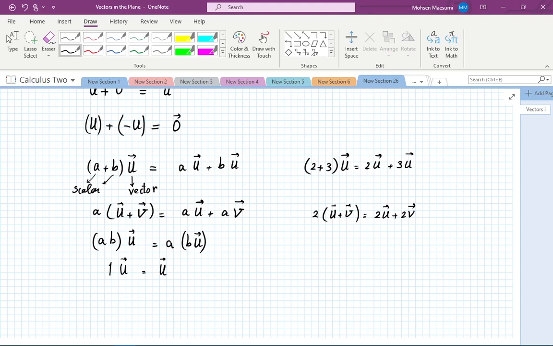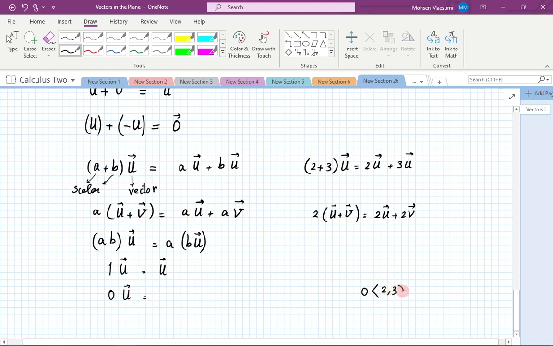Then there is another property that is, on one hand trivial, on the other hand rather hard to swallow: if I take the scalar 0 and multiply by a vector u, what do you think I'm going to get? Suppose I multiply it by the vector 2, 3.